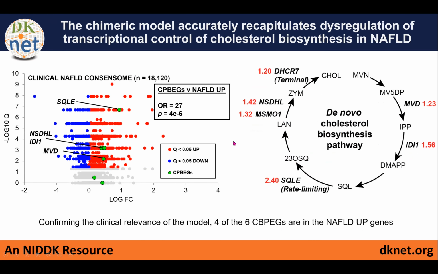NAFLD. And what was really interesting as well, and which confirmed the clinical relevance of our model, is that we found that 4 of the 6 enzymes that we had found were more highly expressed in the human hepatocytes relative to the mice ones were actually also highly ranked within the consensome.